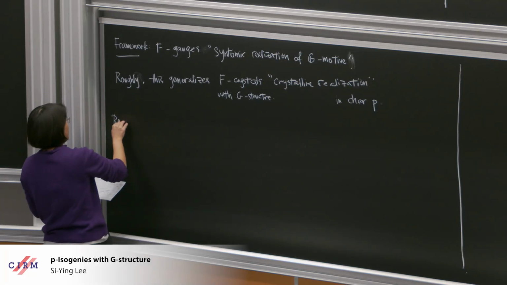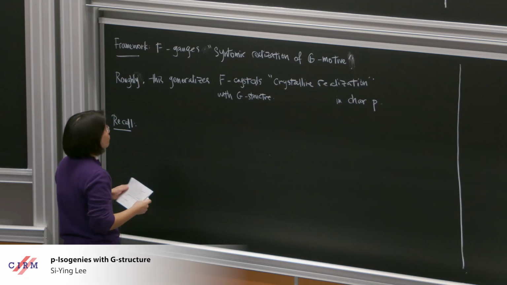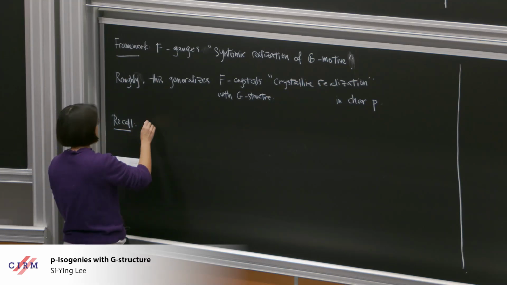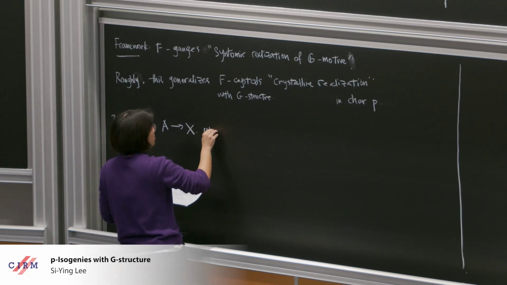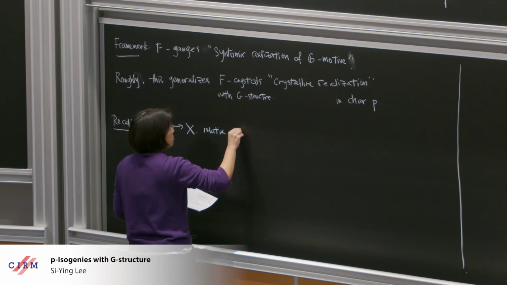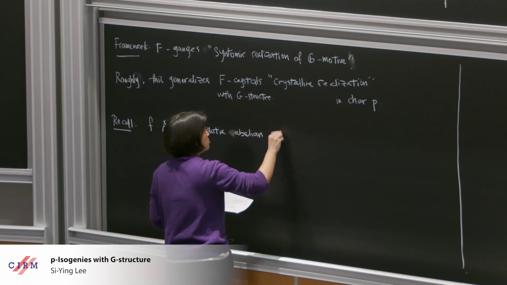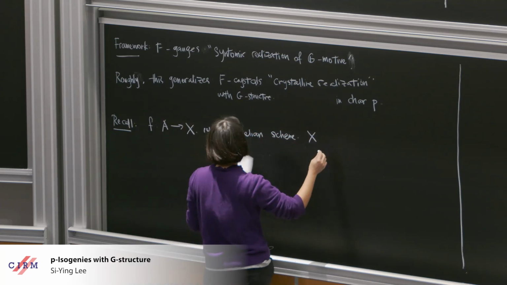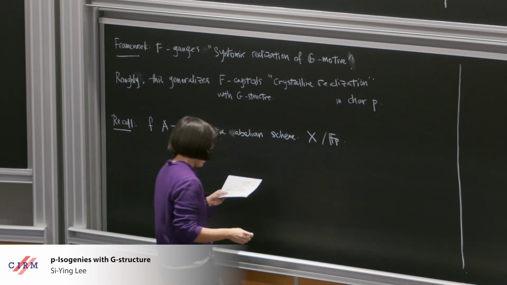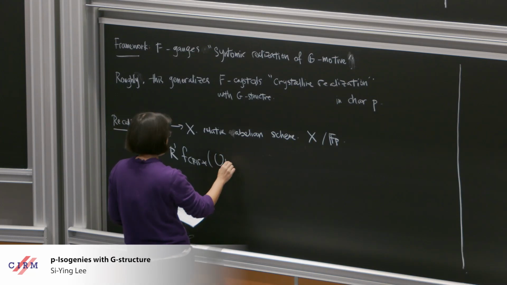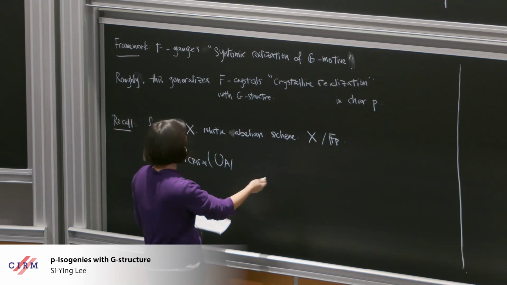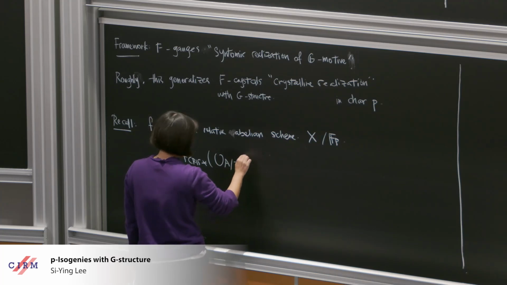So let me say, one way to push this analogy a little bit is that you recall that if I have a relative abelian scheme A over X, and X is a scheme over characteristic, say, F_p, then we know that the crystalline realization is R^1 f_cris of, say, the structure sheaf of A. Let's say you're working over the base Z_p, for instance.